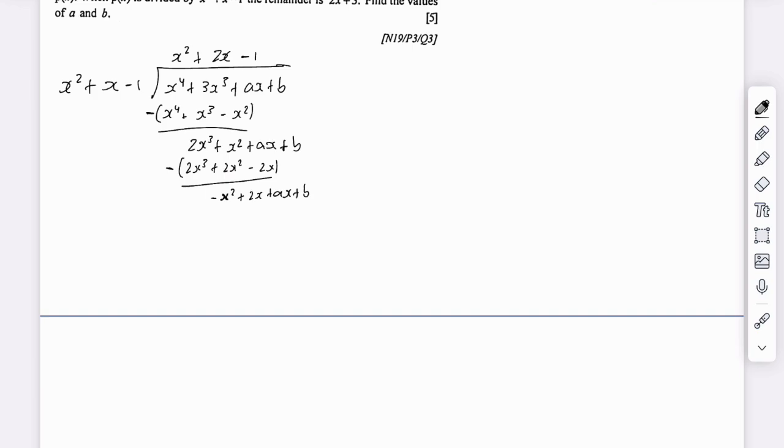Multiply back out, we're going to have minus x squared minus x plus 1. Which is going to give us 3x plus ax plus b minus 1.